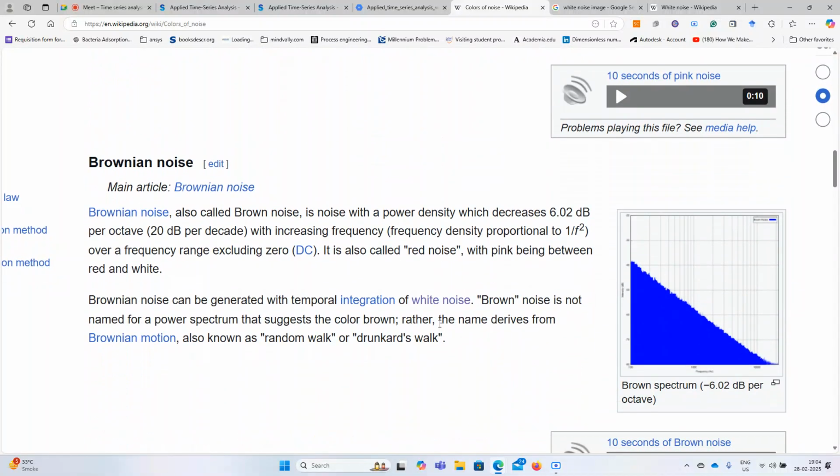Brownian noise, also known as red noise, is related to walks. When molecules are walking, you cannot predict where they will go. But the mean is zero, and the position from which it starts is zero.